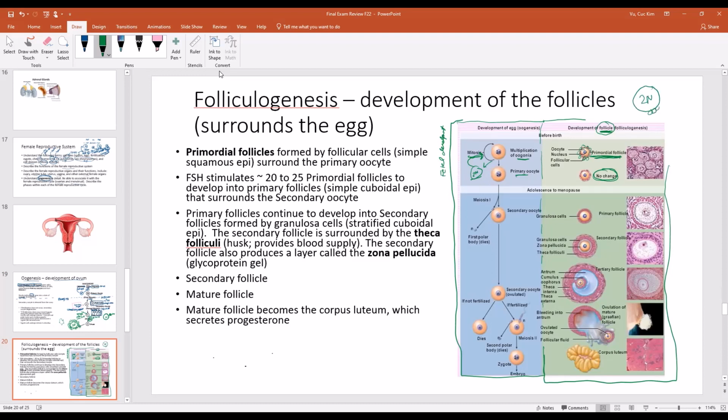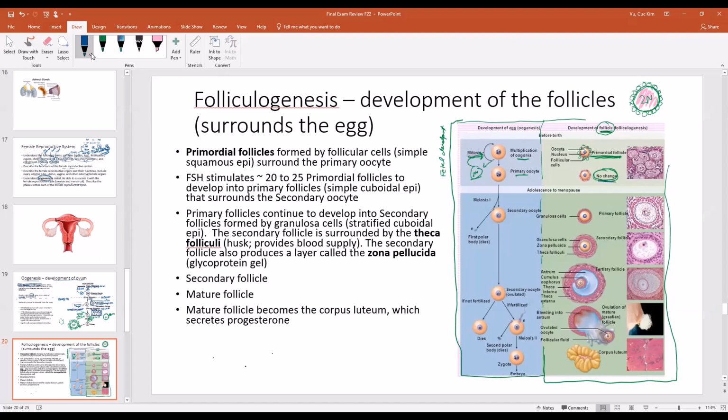Surrounding the oogonia are sets of cells called the primordial follicle. Even though the oogonia right here undergoes change by undergoing mitosis, the primordial follicle does not.